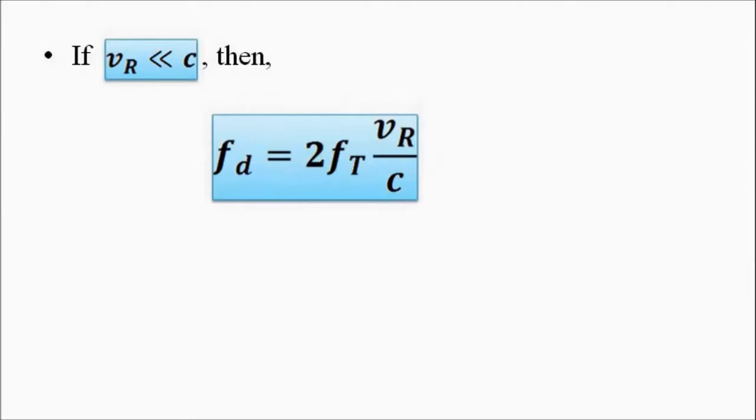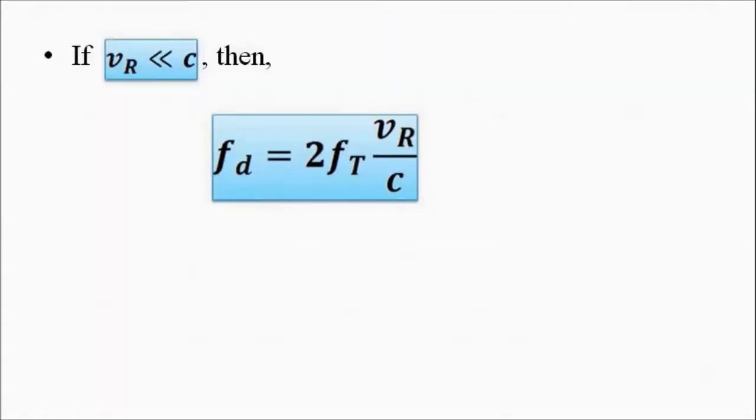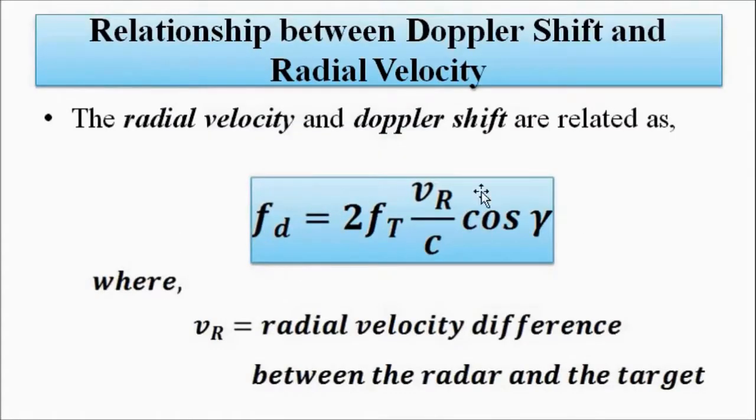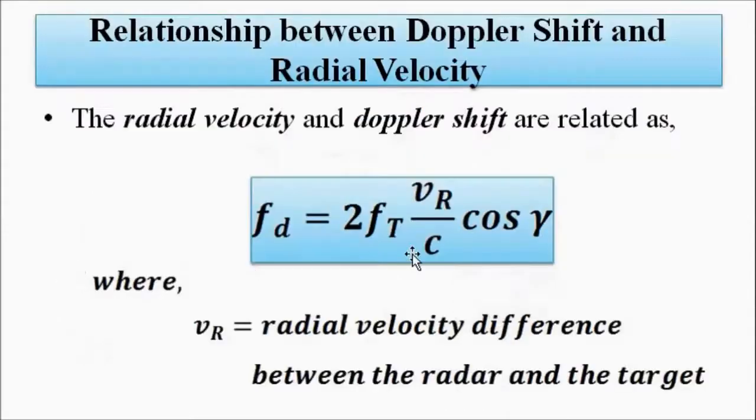The cos gamma component is not there in this case. This is a simple way in which we can determine the radial velocity component from all of these parameters: the angle between the radial and total velocity components, the transmitted signal frequency, the speed of propagation, and the Doppler shift.